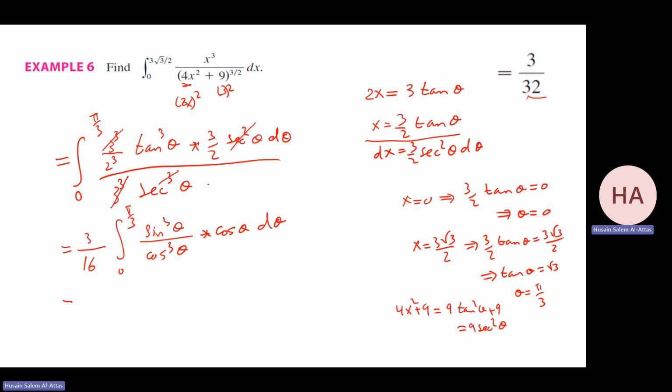And that is 3 over 16. This is cosine, this is the remaining 2. So I have the integral of sine cubed theta cosine theta to the power minus 2 d theta. I'm doing it correctly.